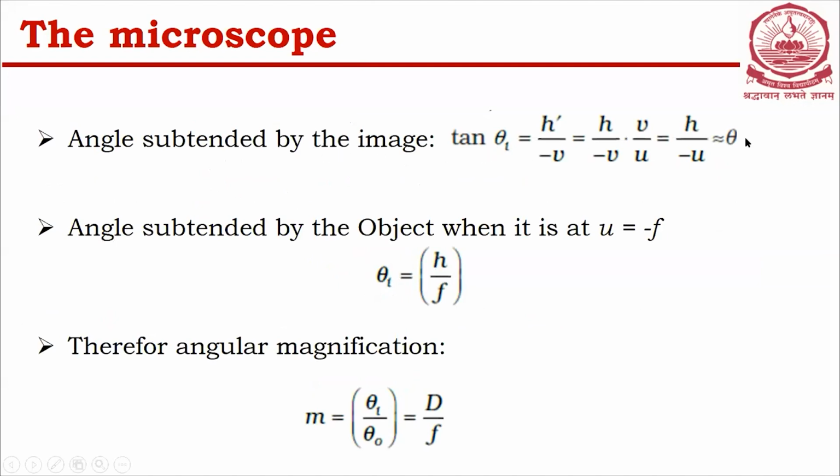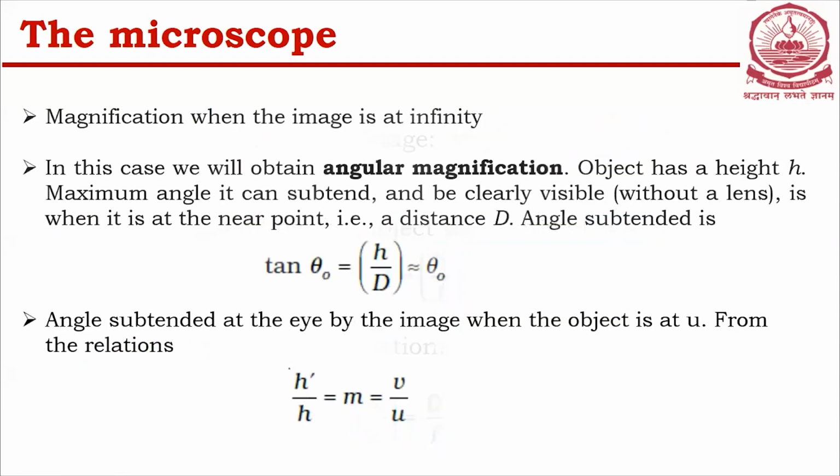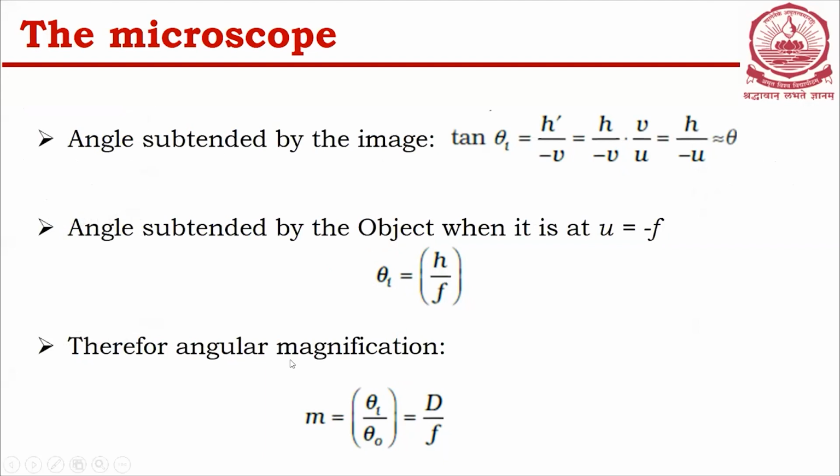Here it is mentioned as theta instead of theta I. The angle subtended by the object without any lens is theta naught, so it is theta I by theta naught again. Theta I is equal to h by f, and theta naught you already know from the previous page. From these two, you can find the angular magnification: d by f.